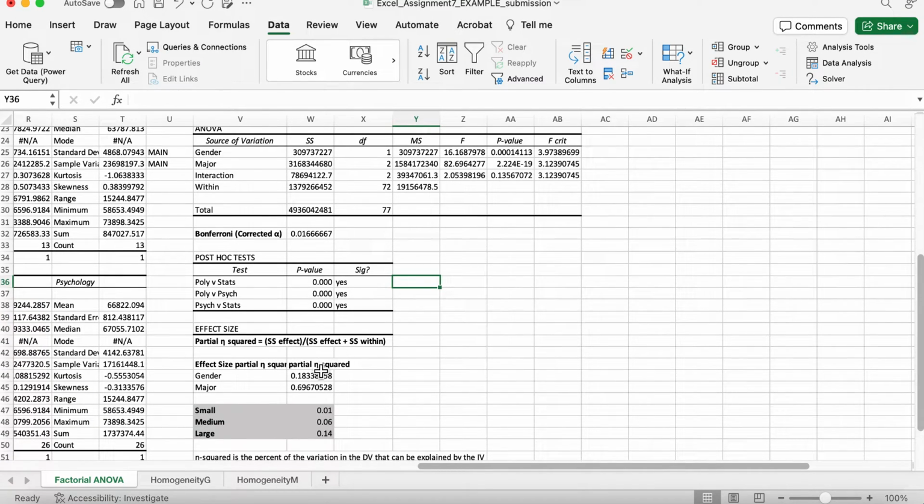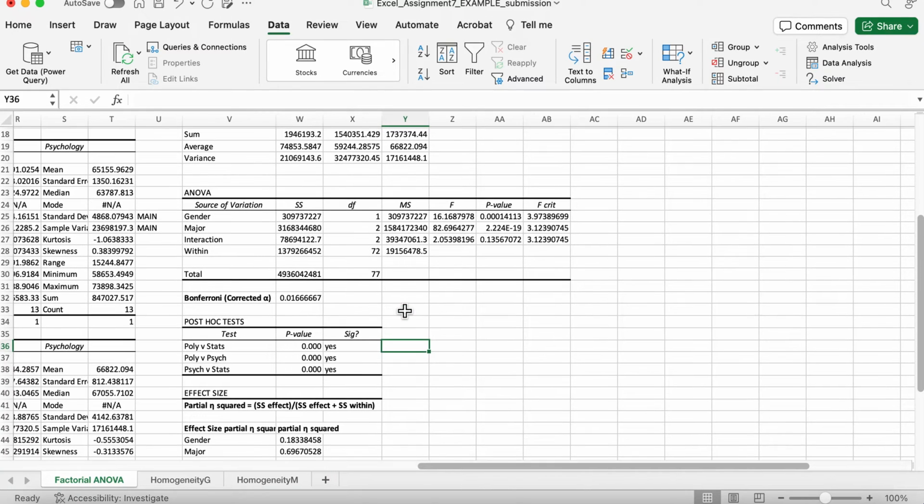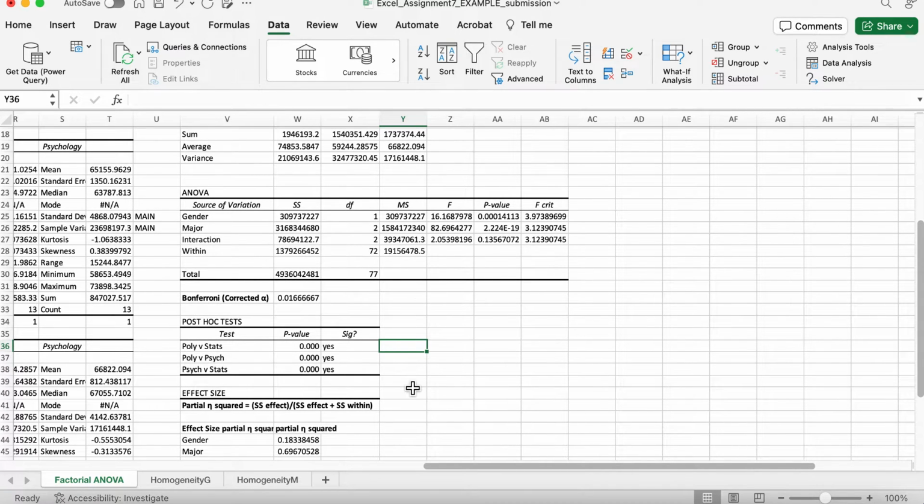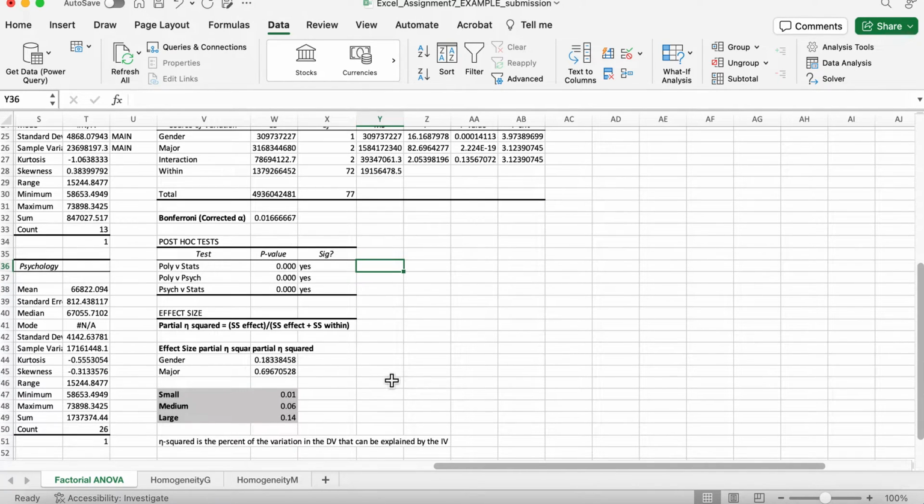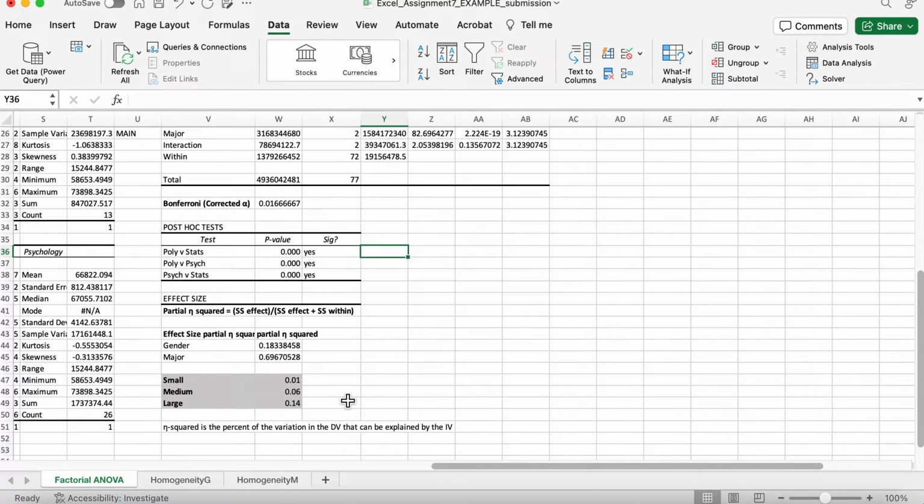But for the factorial ANOVA here, partial eta squared is what you would normally use. So you would just say that these are large effects or very large effects. I would say large for this one. I would probably say very large for that one.